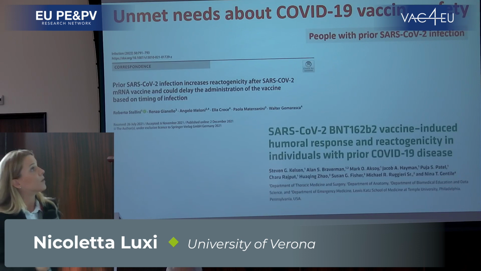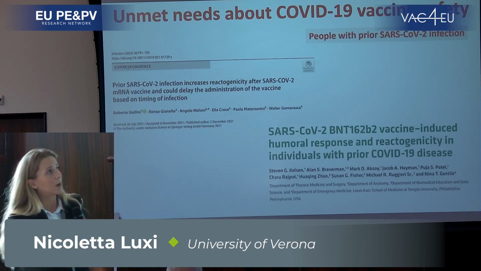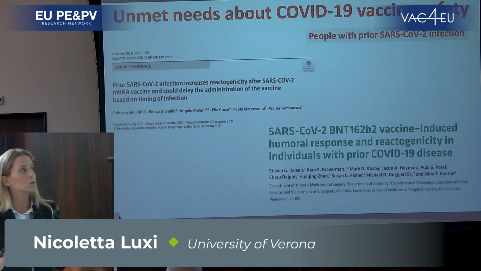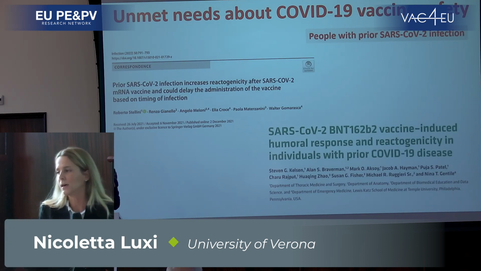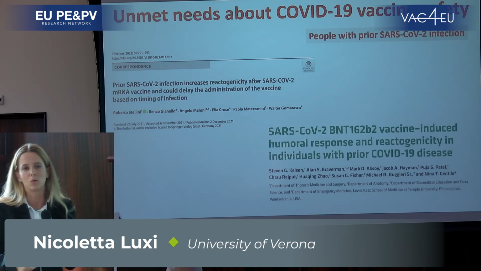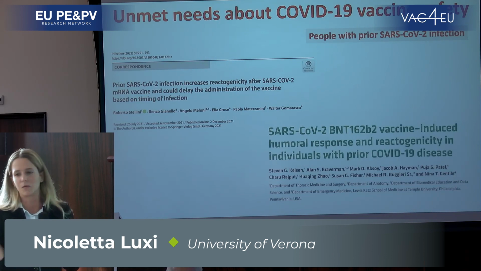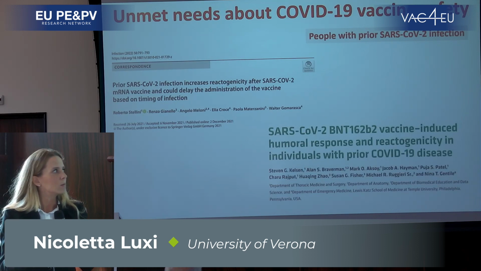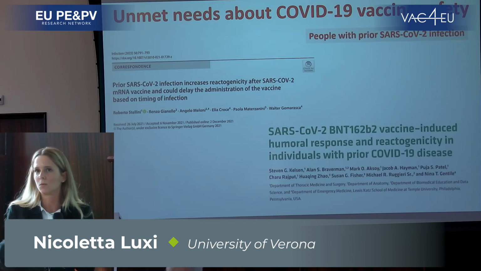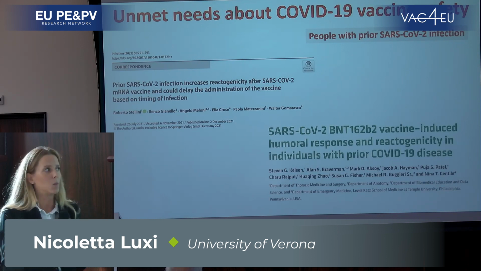The same for people with prior SARS-CoV-2 infection. We knew that those vaccines had an increased reactogenicity as compared to those with no prior SARS-CoV-2 infection, but no comparison between doses or between vaccine brands were made.